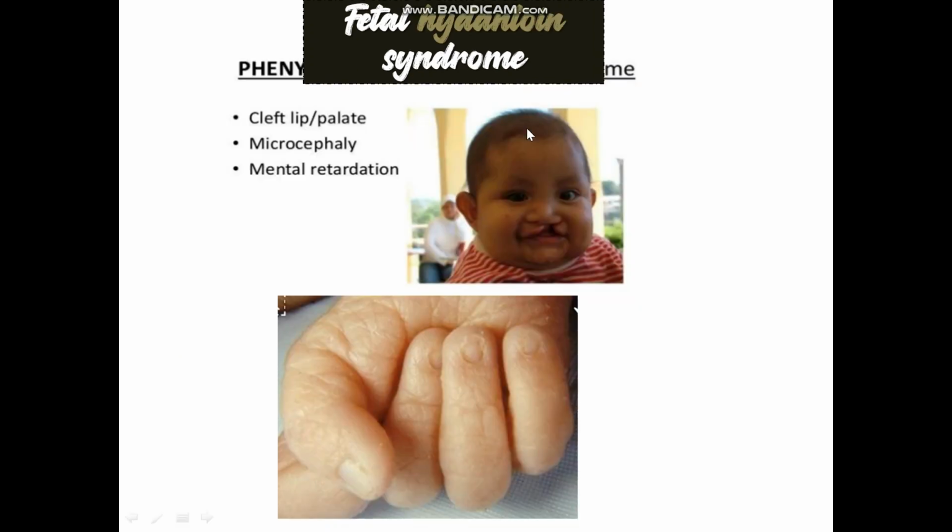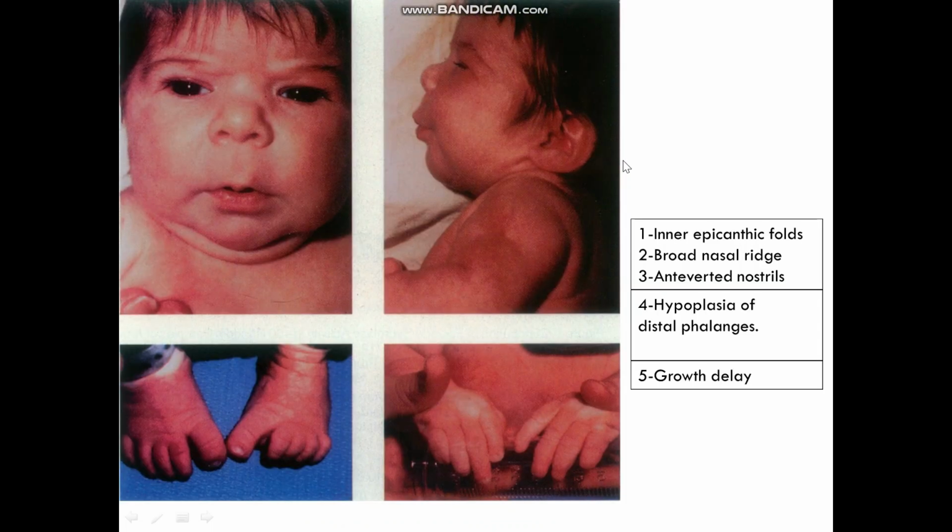As for fetal hydantoin syndrome, the baby might have cleft lip or palate, microcephaly, and mental retardation.